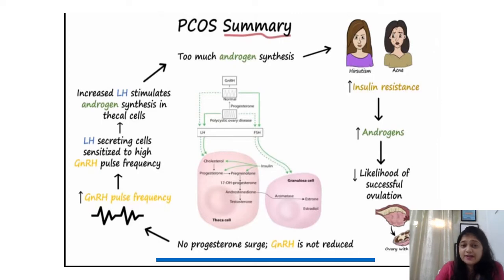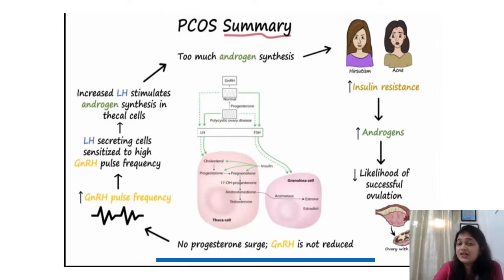To summarize, in PCOS patients, there is no progesterone surge. So the GnRH level continues to increase. The increasing GnRH pulsations stimulate the LH cells in the anterior pituitary, which increases the production of androgens.